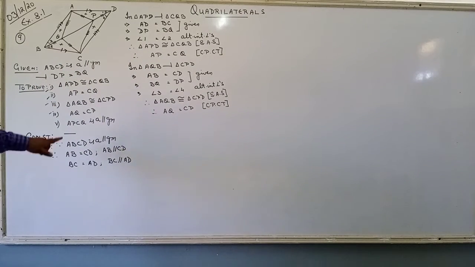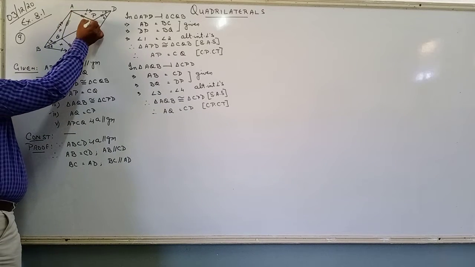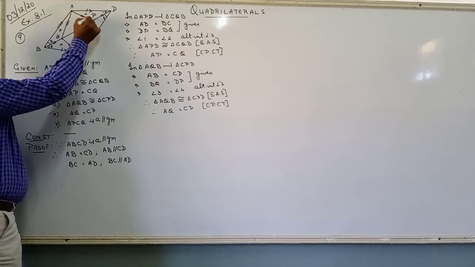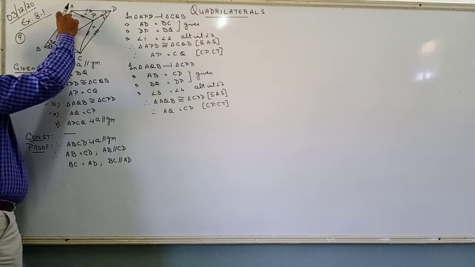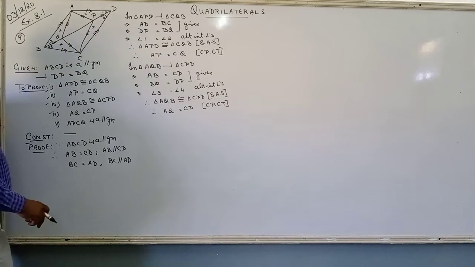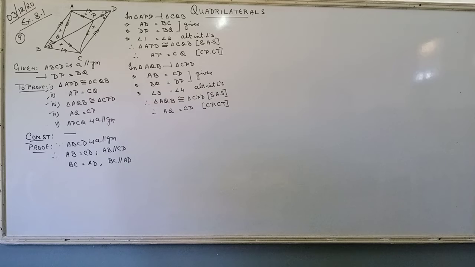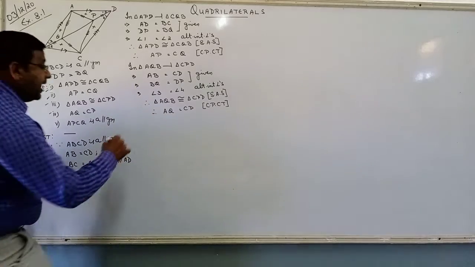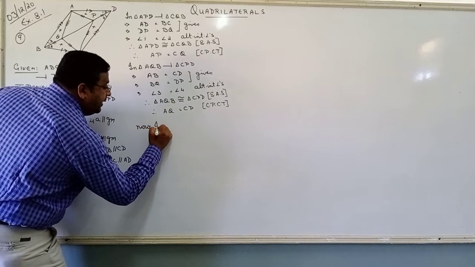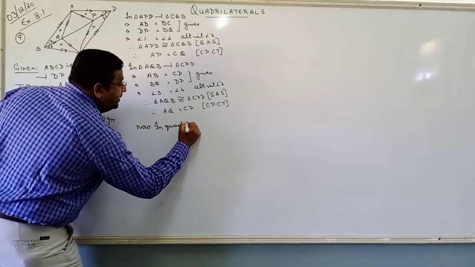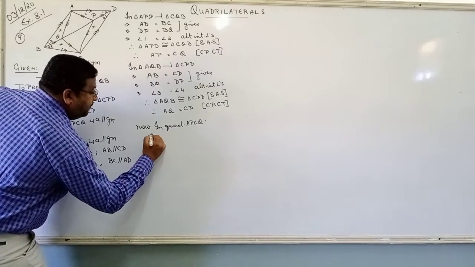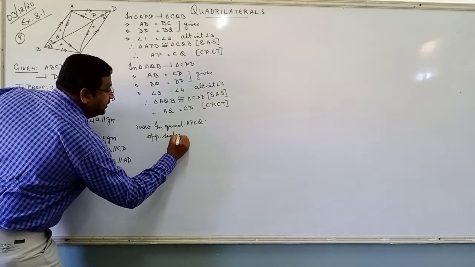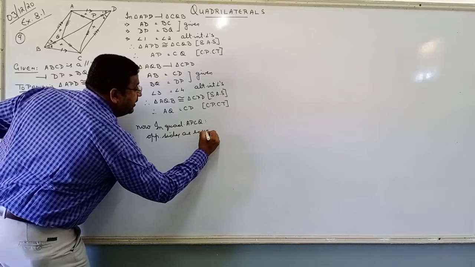Now what? Last part: APCQ is a parallelogram. Check. APCQ. Can you see, is the opposite side AP and CQ equal? Yes. Is the opposite side AQ and CP equal? Yes. In a quadrilateral, if opposite sides are equal, then it is a parallelogram. Now, in quadrilateral APCQ, opposite sides are equal.